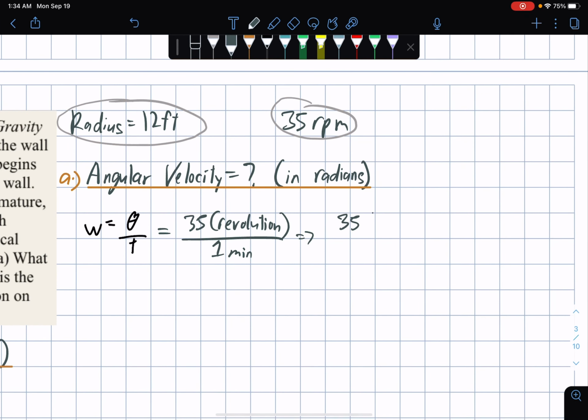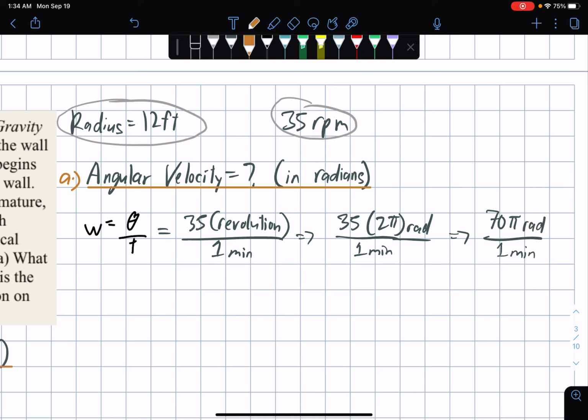So 35 times 2 pi over 1 minute, or 70 pi rad over 1 minute. This is the final answer. This is the angular velocity in radians.